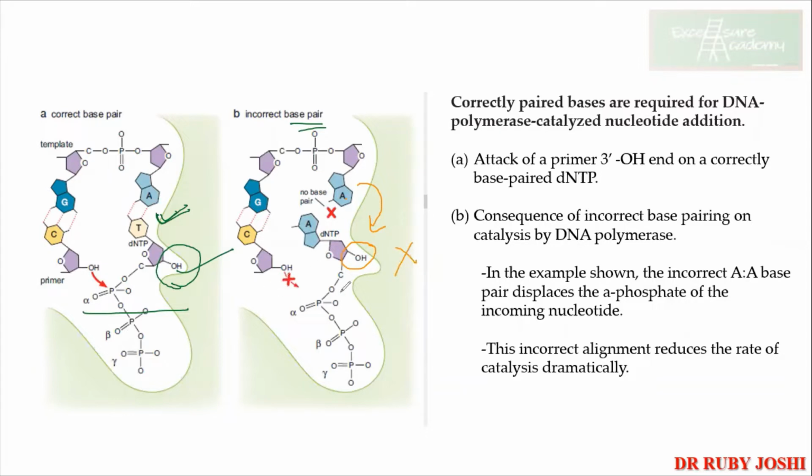Hence, this is not aligned properly. The alpha phosphate is not near to the 3-OH of the primer template, right? So this is also not formed. Hence, the bond is not formed. So this is how incorrect base pairing is not possible in the DNA polymerase. Is this much clear to everyone?